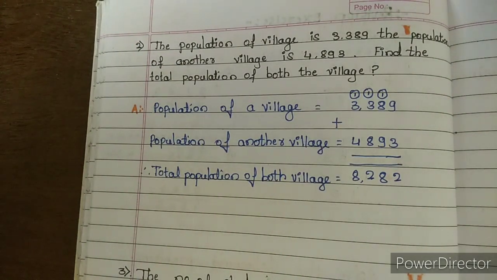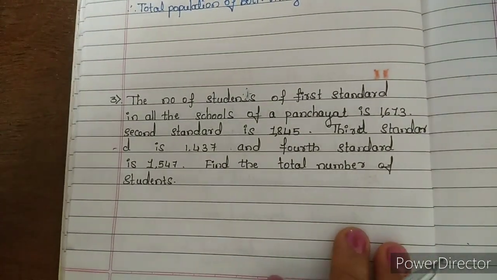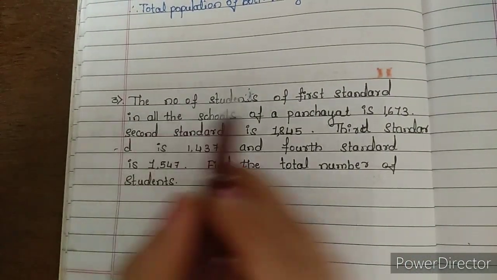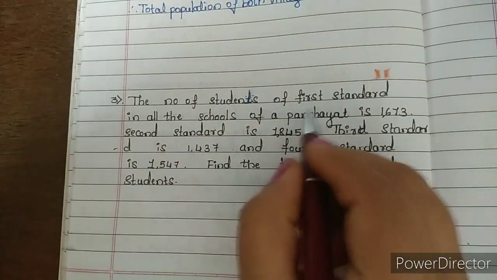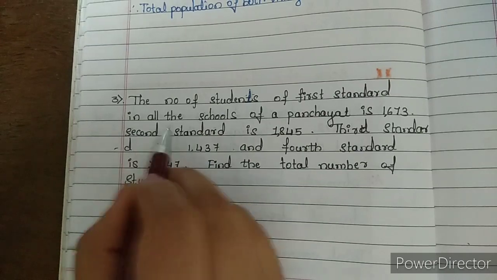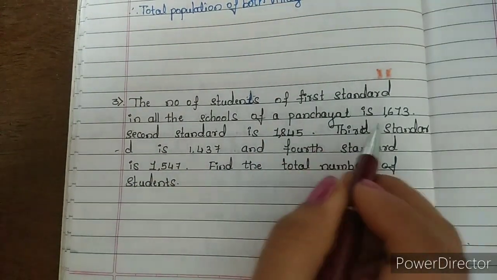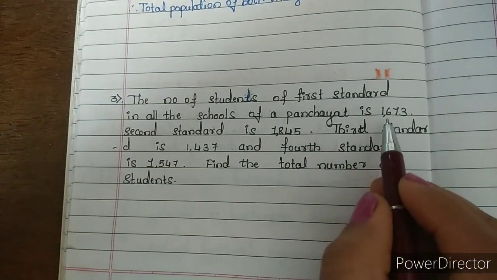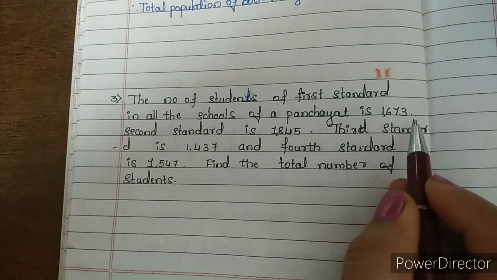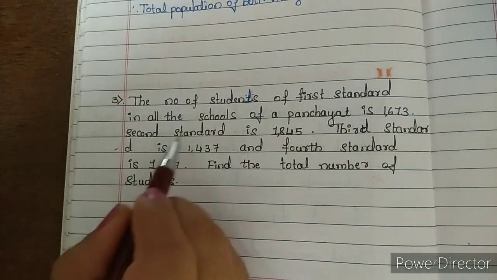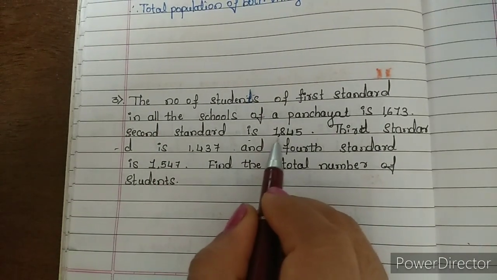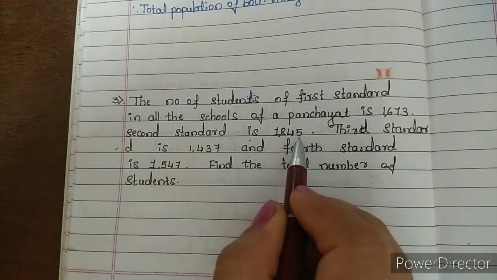Now, dear students, last problem. Third one. The number of students of first standard in all the schools of a panchayat is 1673. First standard is how much? 1673. Second standard is 1845.